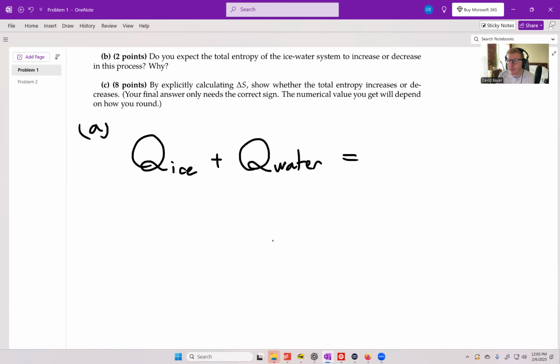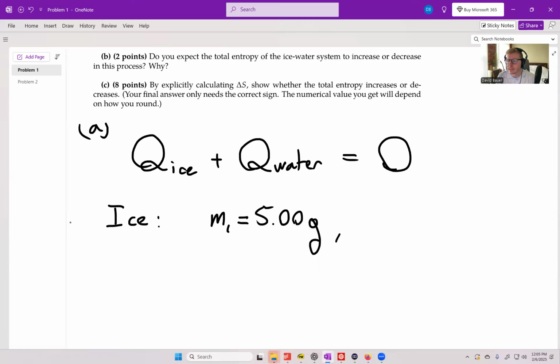So the heat for the ice and the heat for the water add up to 0. And I just need to write out what these heats are. Now let me start by just writing down some variables here for the mass and the specific heat of the ice and the water. So the mass of the ice is 5 grams.